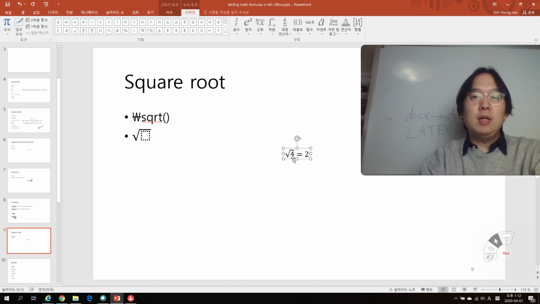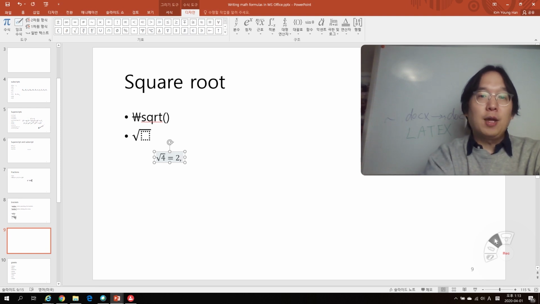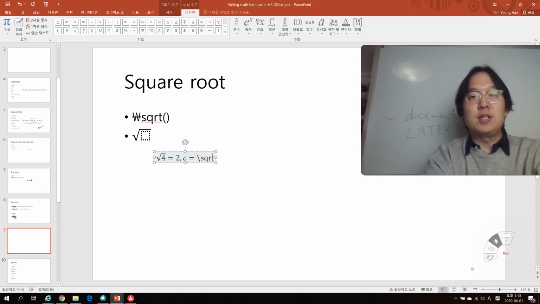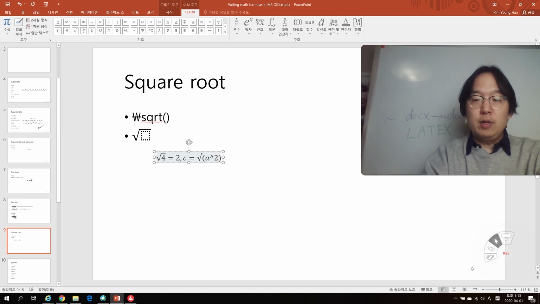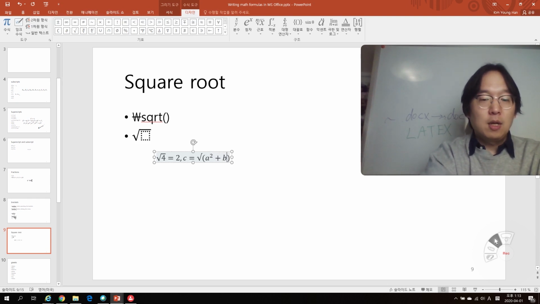And let me bring this guy over here. And you remember Pythagorean theorem, okay? What was that? Well, C is equal to square root, wait, I need backspace, SQRT, square root of A squared plus B squared.